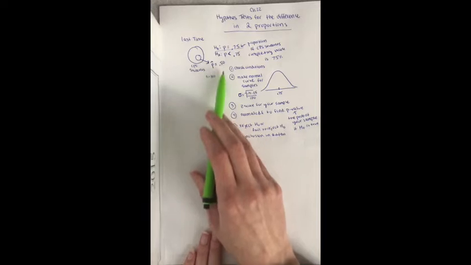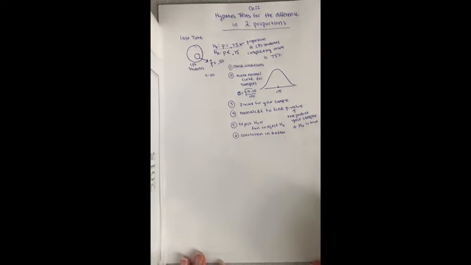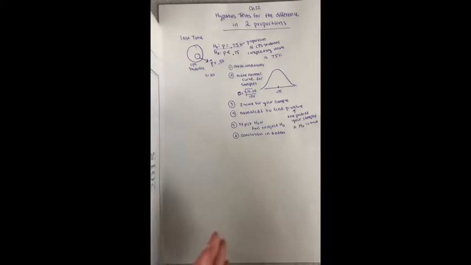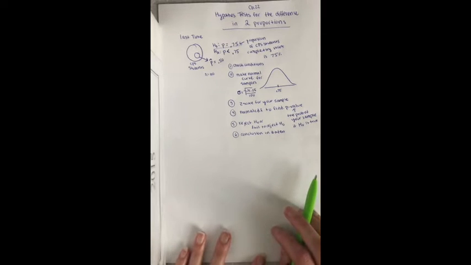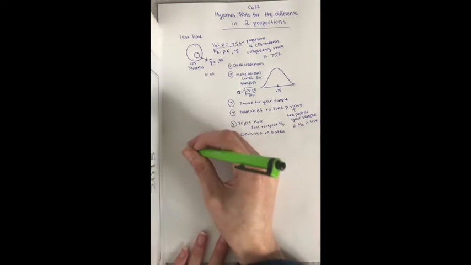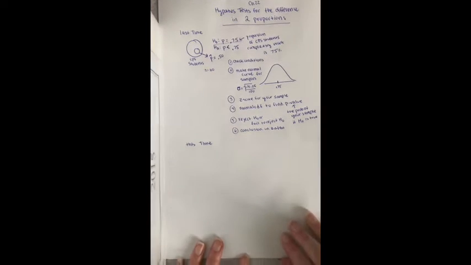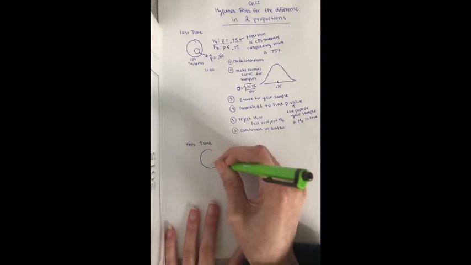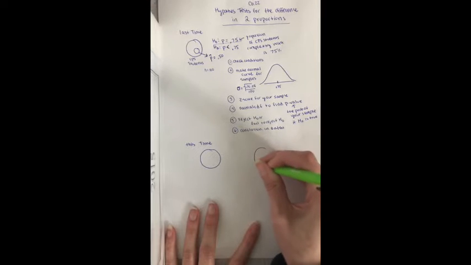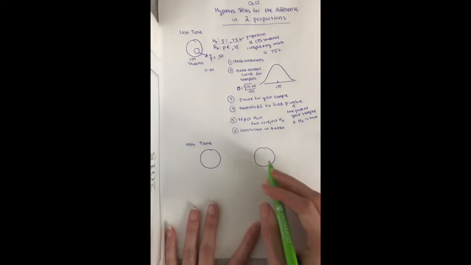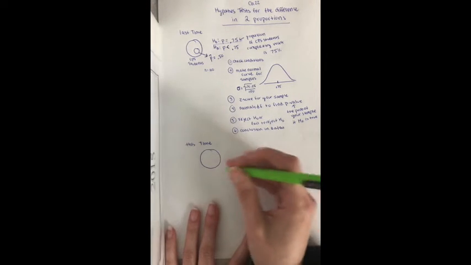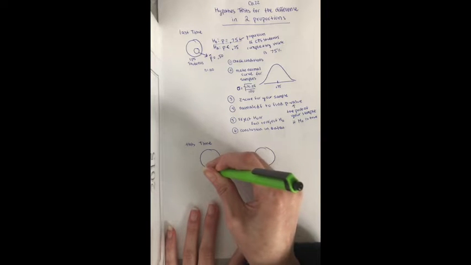All right, so in this next chapter, we're doing the exact same thing we did here, but instead of looking at one sample and one population, what we're going to be doing is comparing two populations. So this time, we're going to look at two different populations, and we're going to propose something about these populations. So let's say this is CPS students.